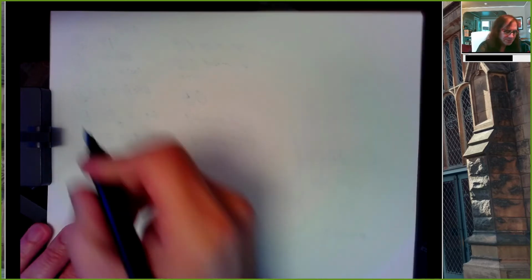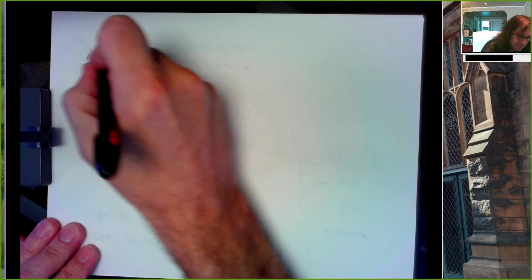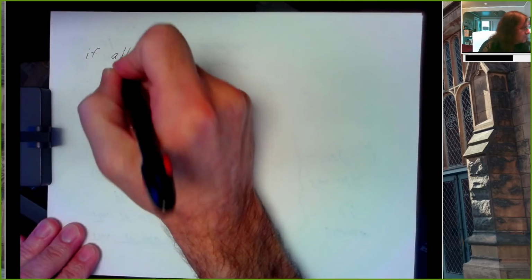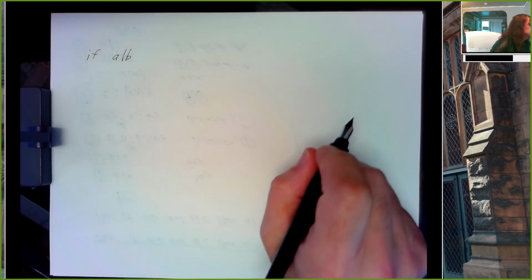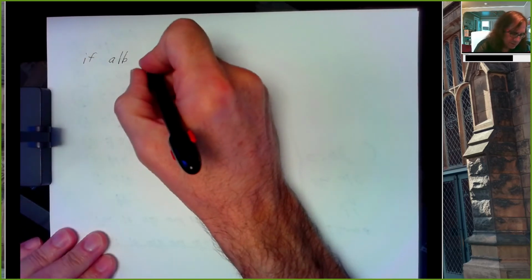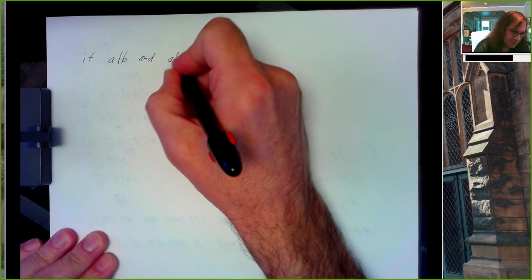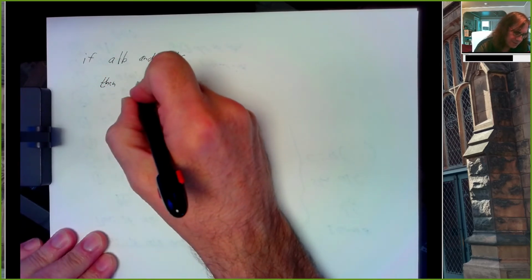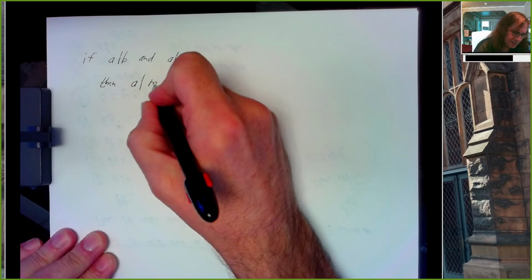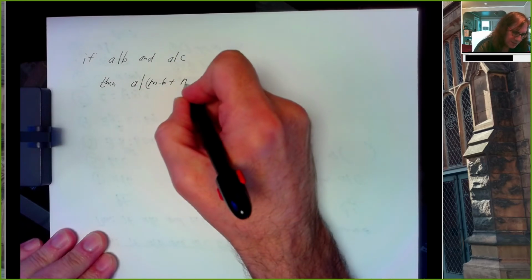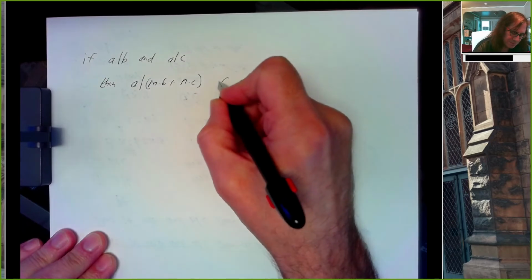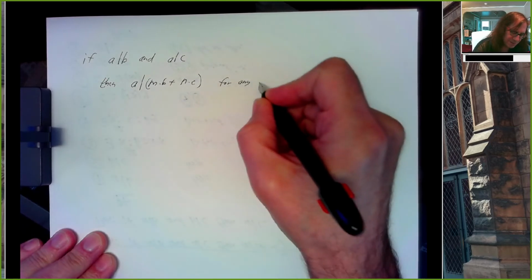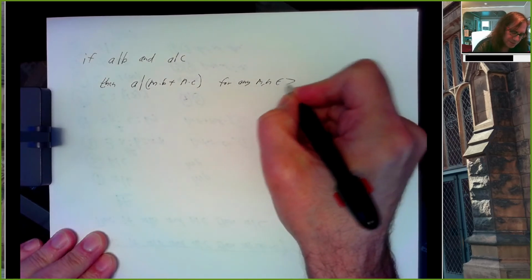For example, if A divides B and A divides C, then A divides M times B plus N times C for any M, N contained in integers.